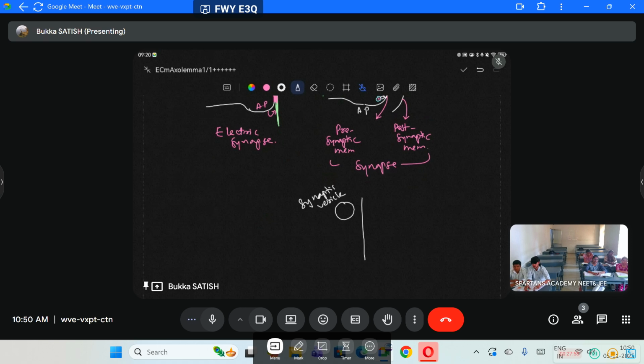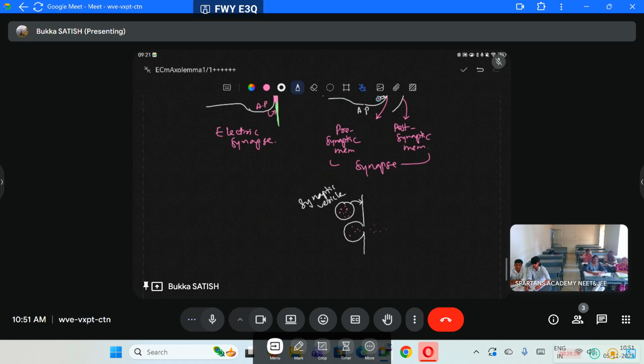This vesicle will go and fuse with this membrane, so whatever neurotransmitters are present here are going to be released. Let me show you. After fusion, this is how it is. The contents are released here.